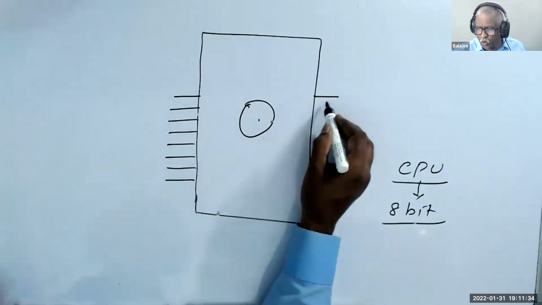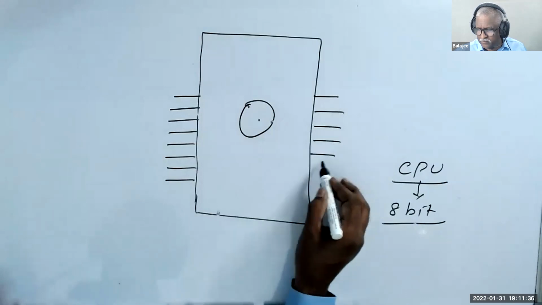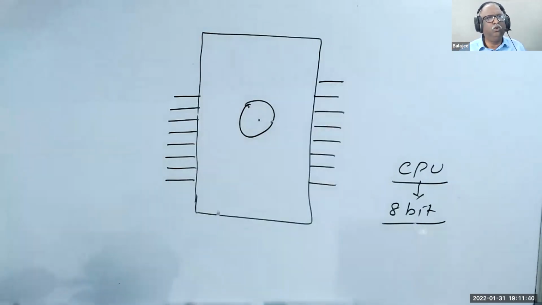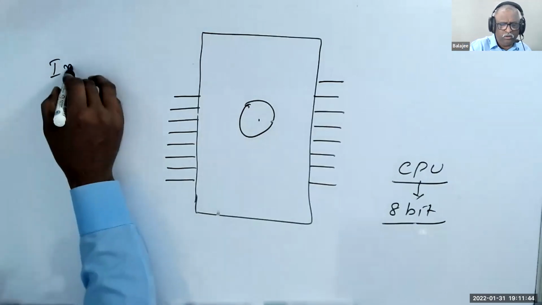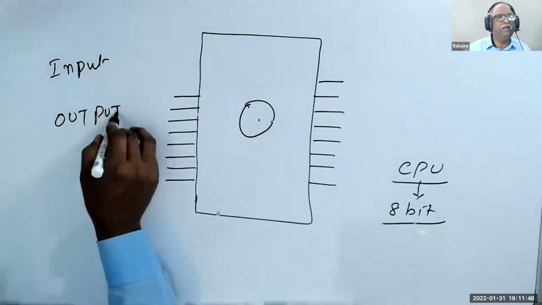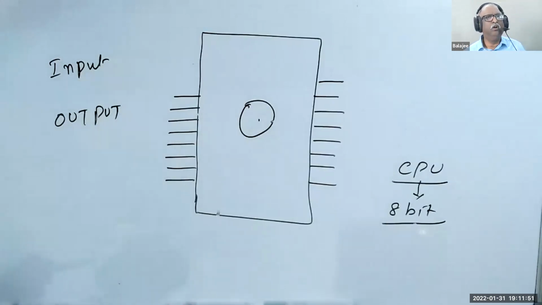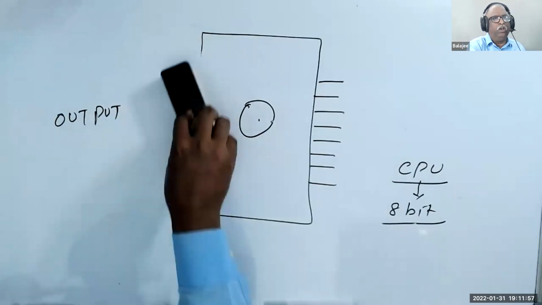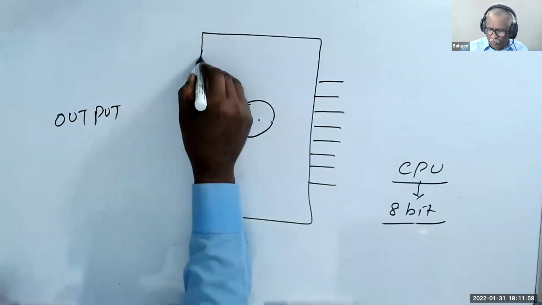Same way, this guy can control 8 pins. Right now, to make it less complex, we have input and we have output. Temporarily, till we understand the whole thing, let us not worry about input. We worry about our output.